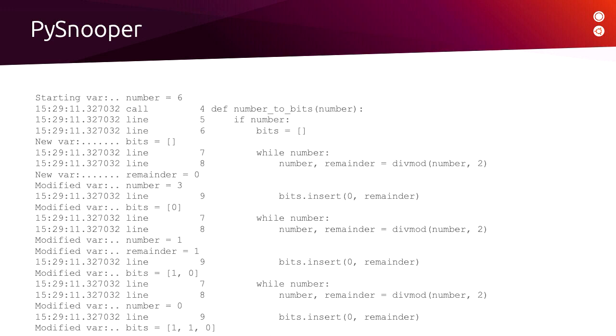I don't have to trace the whole process. I can trace subbits, and you can even put conditionals on that. So if you know it was a certain user or something, you could add a conditional to only start PySnooper if a certain condition was met. And so this, I would suggest, is a much nicer way of doing print-style debugging, particularly for a production scenario.